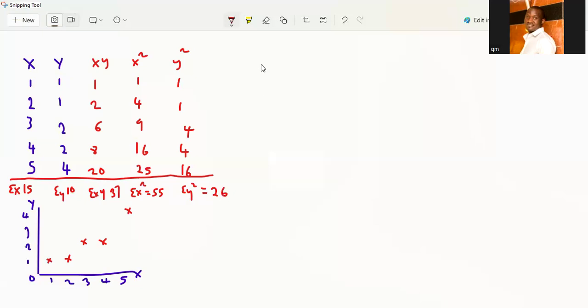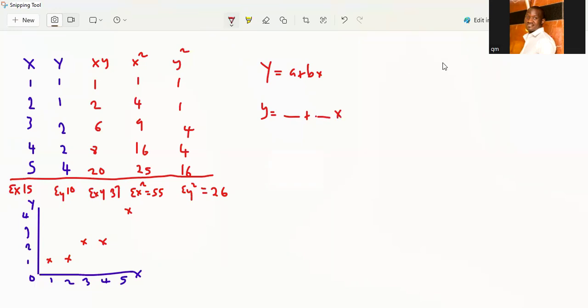All right, so we're told that the regression equation is given by y is equal to a plus bx. A is the y-intercept and b is the gradient. So we want to calculate the regression equation. So I will calculate the gradient b.